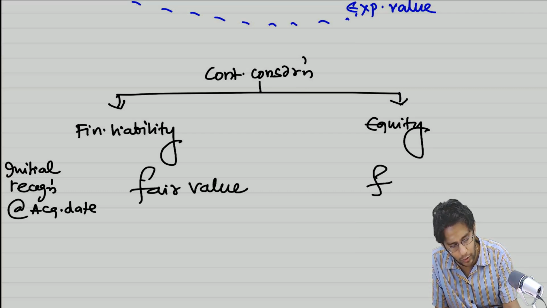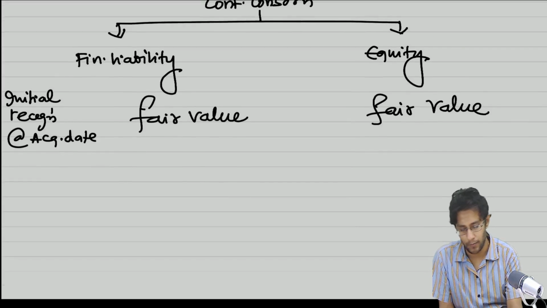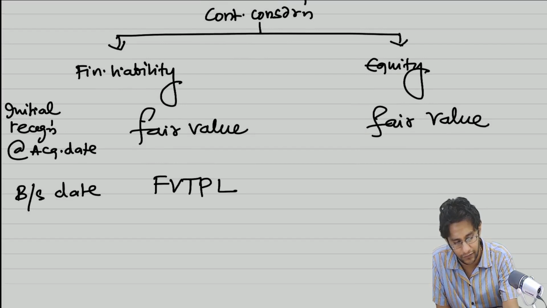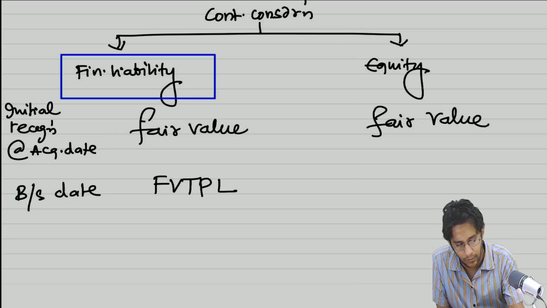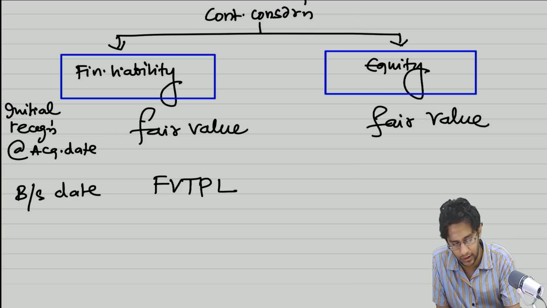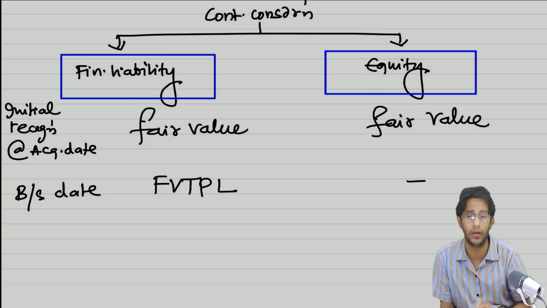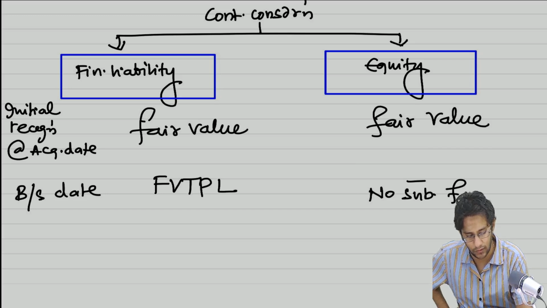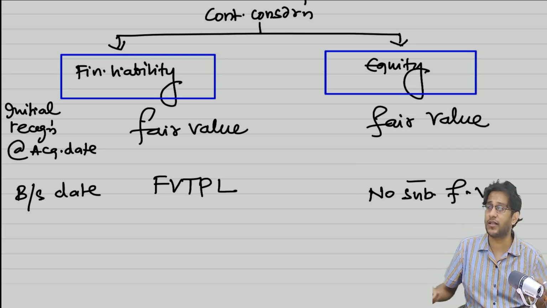In purchase consideration, you include this at fair value on the date of acquisition. But on each balance sheet date, you have to apply FVTPL if it is classified as a financial liability. But if it is classified as an equity item, there is no subsequent fair valuation.